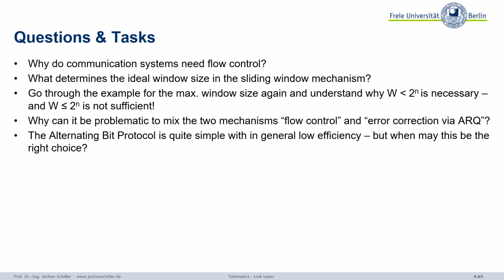A bit more complicated. Alternating bit protocol, that was a very simple protocol, low efficiency, but as I told you, it's used, for example, in Bluetooth. Why is this the right choice there? And not a good choice if you have an intercontinental link and you want to do the flow control there.